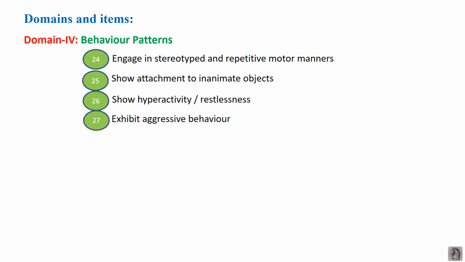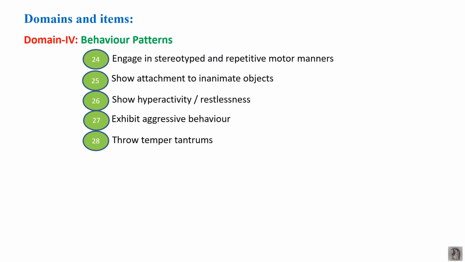Exhibit aggressive behavior. Yes, they do show it. A person with autism may show unprovoked aggression and socially inappropriate behavior like hitting, kicking, pinching. Throwing temper tantrums is the most common behavior you can see, like head banging, screaming and yelling.